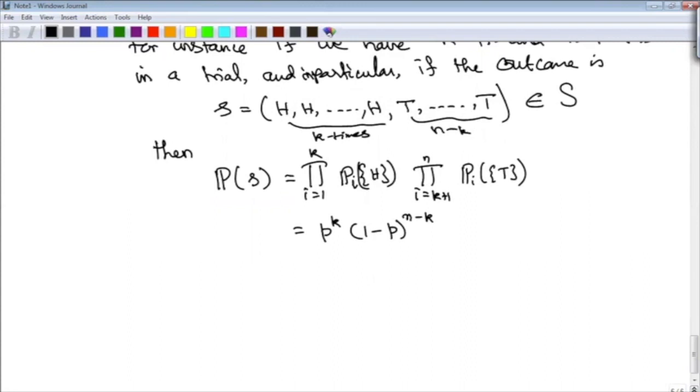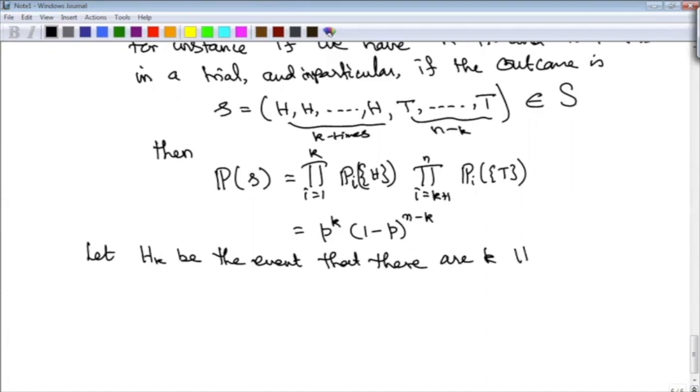Let us call this H k, the event that there are k heads in the trial.